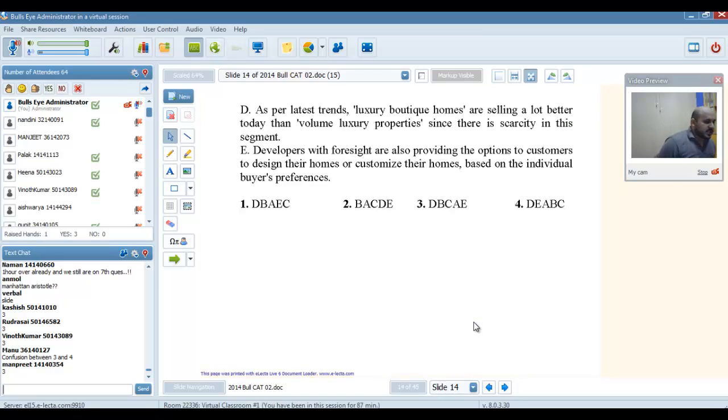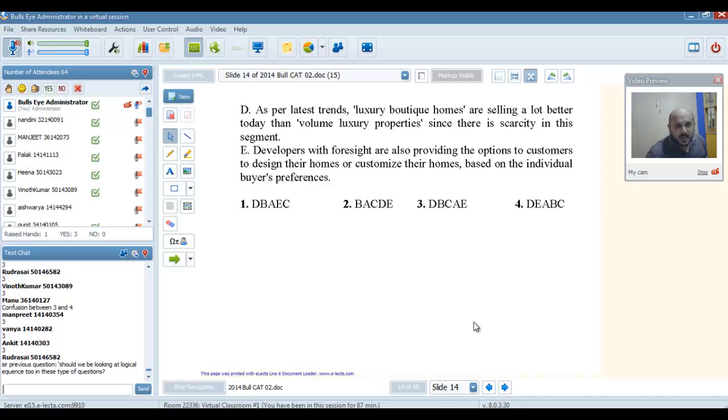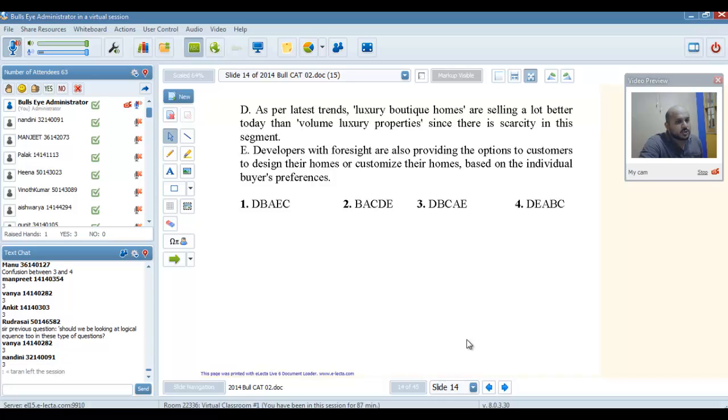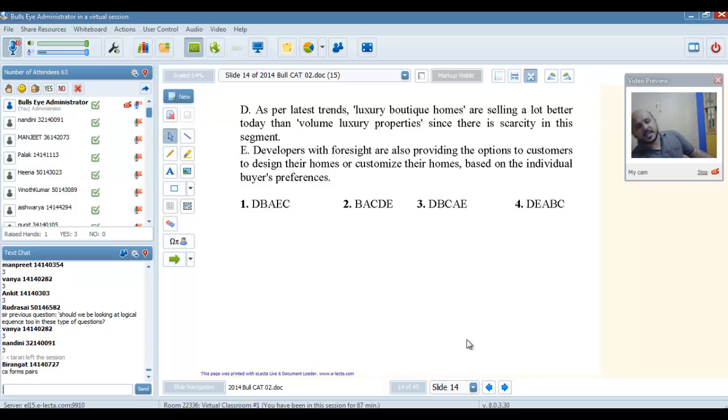This is the question, question number 58. The correct answer is option number 3. How do you do that? Rudrasai, you should not always be looking for logical sequence, but in case the sentences are related to each other, it's a continuous paragraph, then you can.